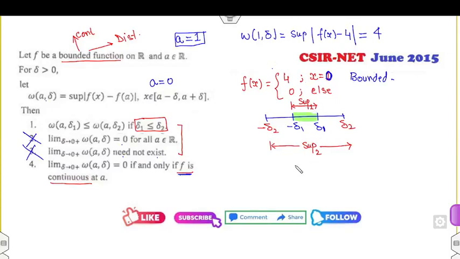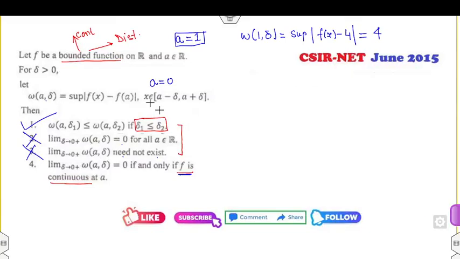From the diagram you can easily see the supremum for delta 2 is always greater than the supremum for delta 1. That means omega of a comma delta 2 is greater than omega of a comma delta 1. So the first option is the correct option.